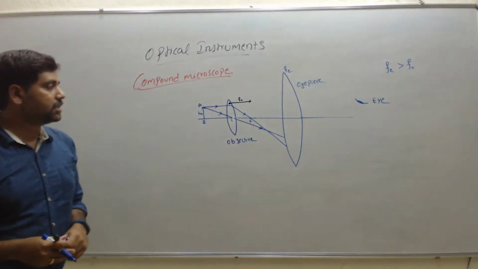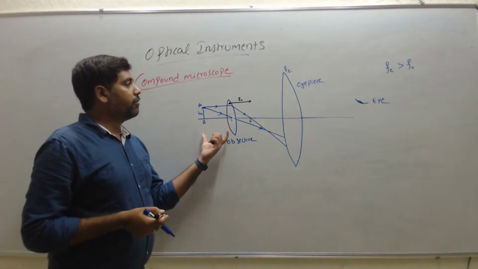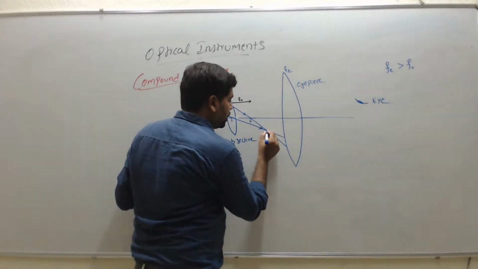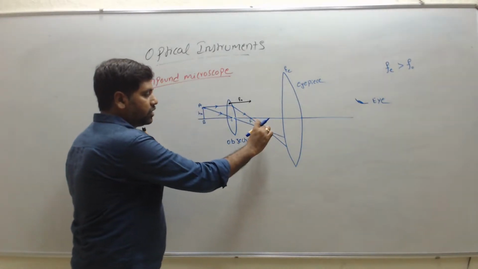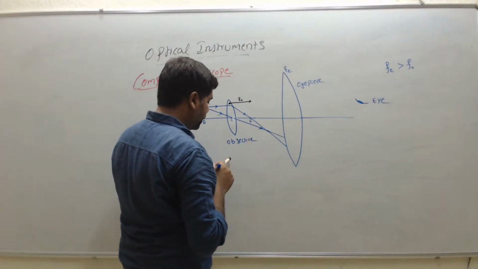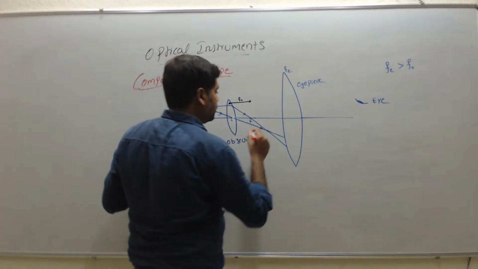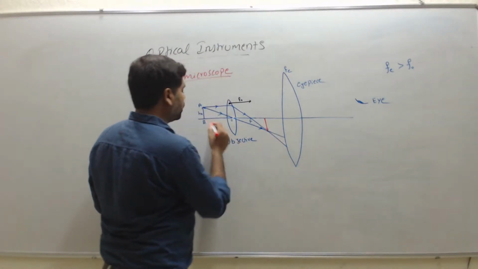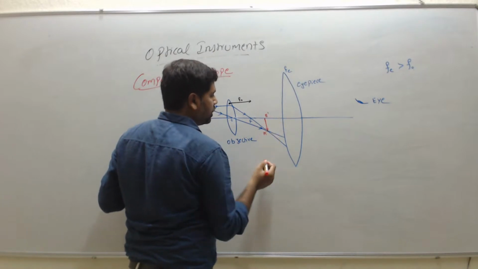As we already discussed, in thin lenses in contact, or when we consider two lenses, these two refracted rays are converging at this point. So at this point we get the image of the object, that is B dash, and here it is A dash.